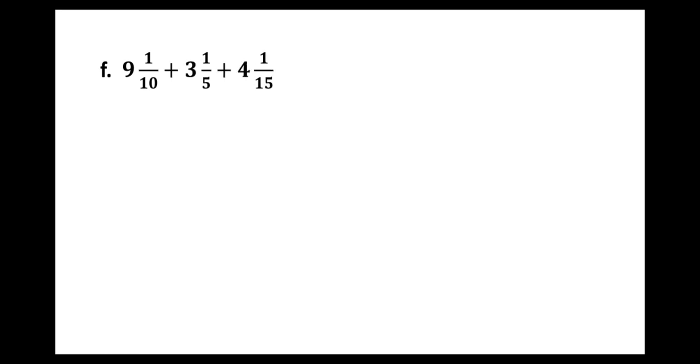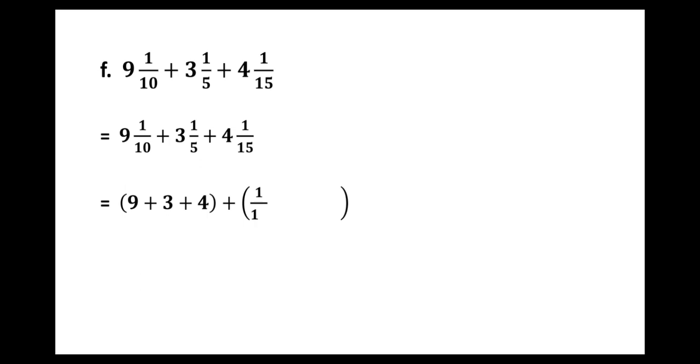Now you can see the question is 9 whole 1 upon 10 plus 3 whole 1 upon 5 plus 4 whole 1 upon 15. Now you know that these are mixed fractions. Mixed fractions are the combination of a whole plus a proper fraction.